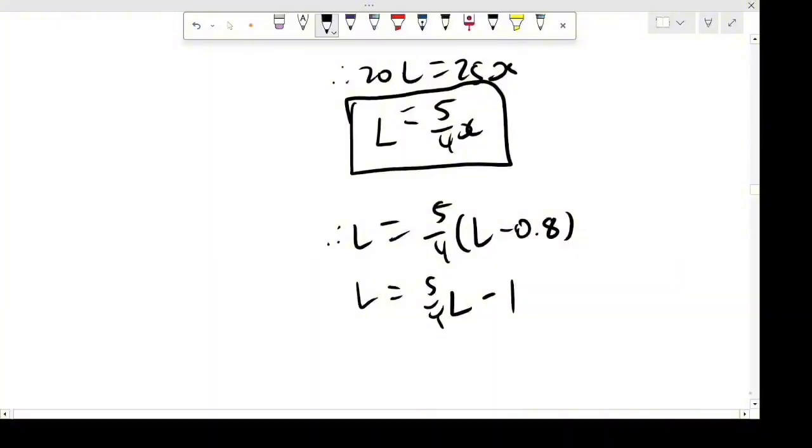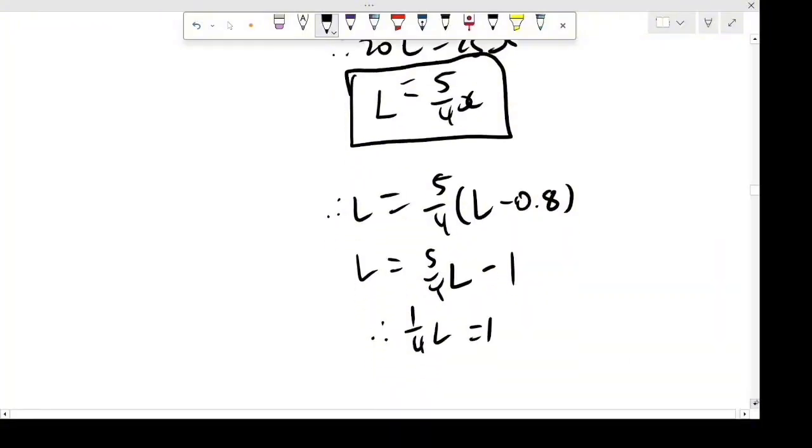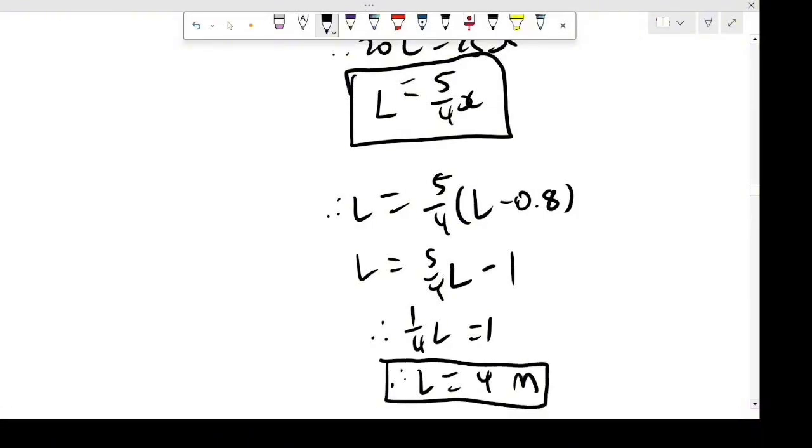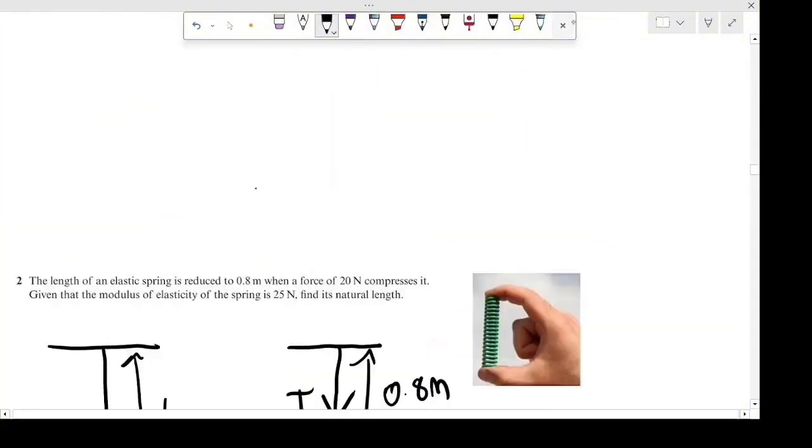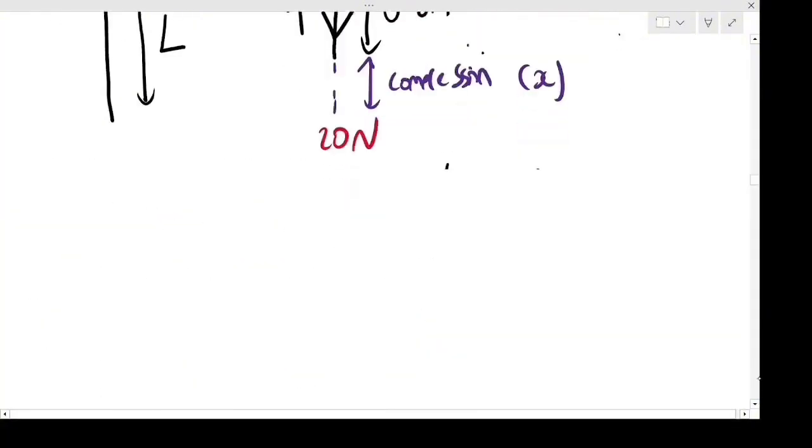Then that means that a quarter L is going to equal 1. So therefore L is going to be 4. So that is my natural length. Originally the spring was 4 meters.